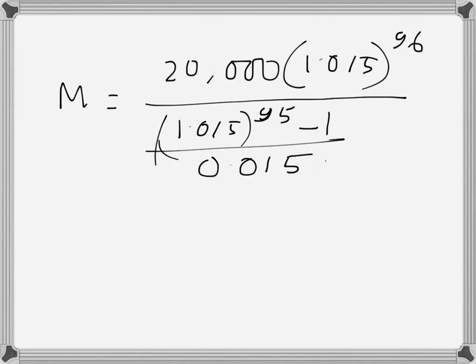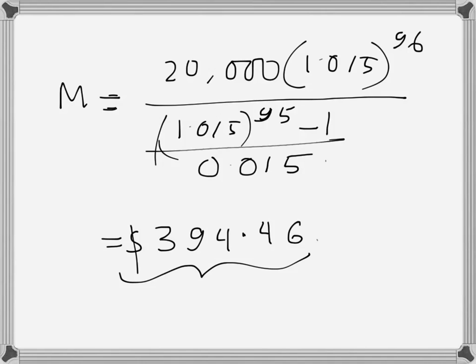We have to plug in the values properly in the calculator, and the result we get is $394.46. So this is the monthly repayment that has to be made so that the loan is repaid in 8 years.